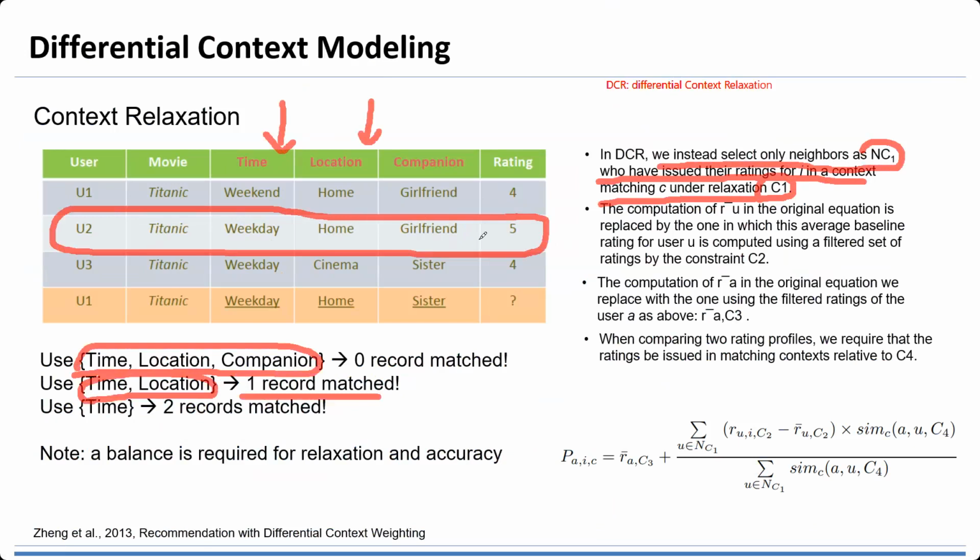So if we have this one, what happens next? We will compute the R bar U. Sorry, I cannot write the R bar U like this.